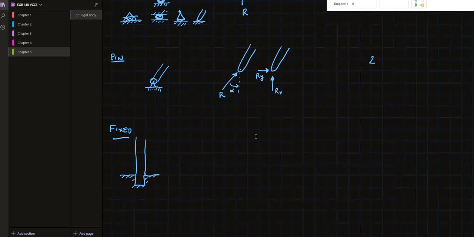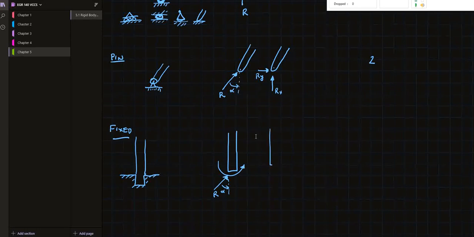In this situation, again, we have one of two ways of looking at this. We're going to have a reaction with an unknown angle, but in addition, we also have a moment.